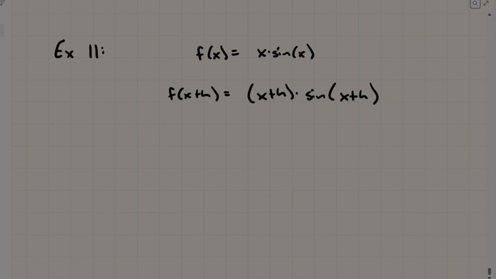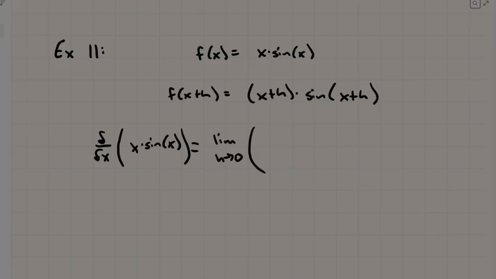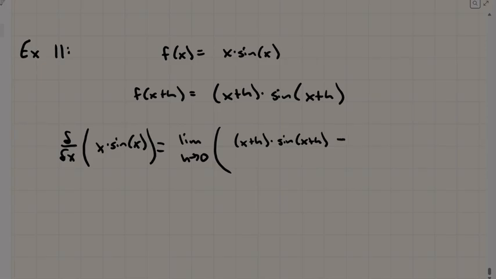All right, that's all we need to plug it into our derivative formula, right? So this derivative of x times sine of x would then equal the limit as h approaches 0 of f of x plus h minus f of x divided by h.